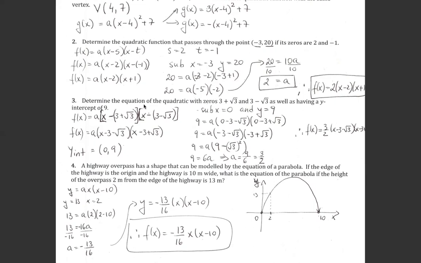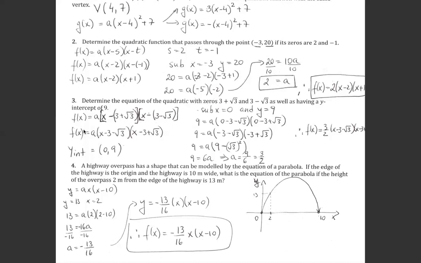What happens if my zeros are radicals? Well, it's kind of the same procedure. It's just that instead of 2 and -1, we're going to have 3 + √3 and 3 - √3. If we put these inside the brackets, you have to be mindful that when you're subtracting the s and the t, you have to put brackets, because s is technically a binomial, and t is the same.